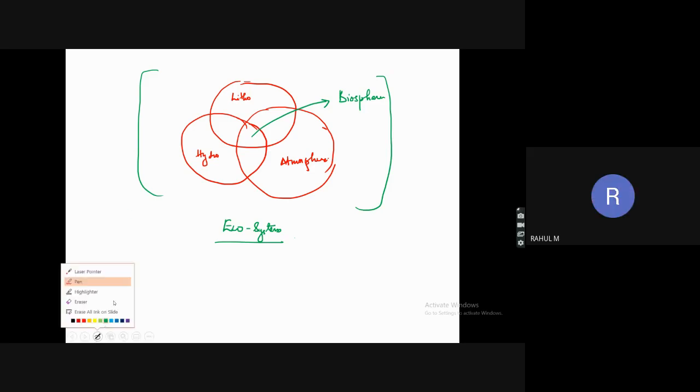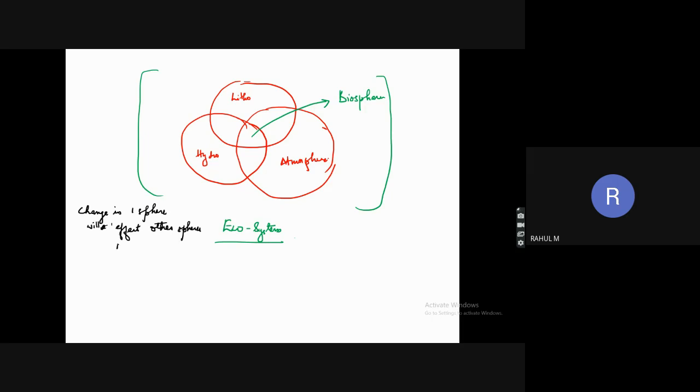So as you can see, all these systems are interconnected. If there is any problem with one of the systems, it will automatically affect the other systems as well. So a change in one sphere will affect other spheres, and these effects are called events.